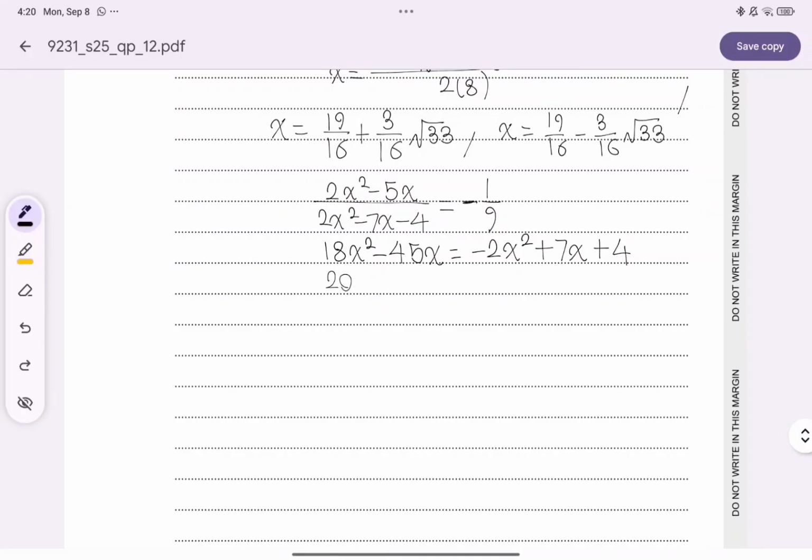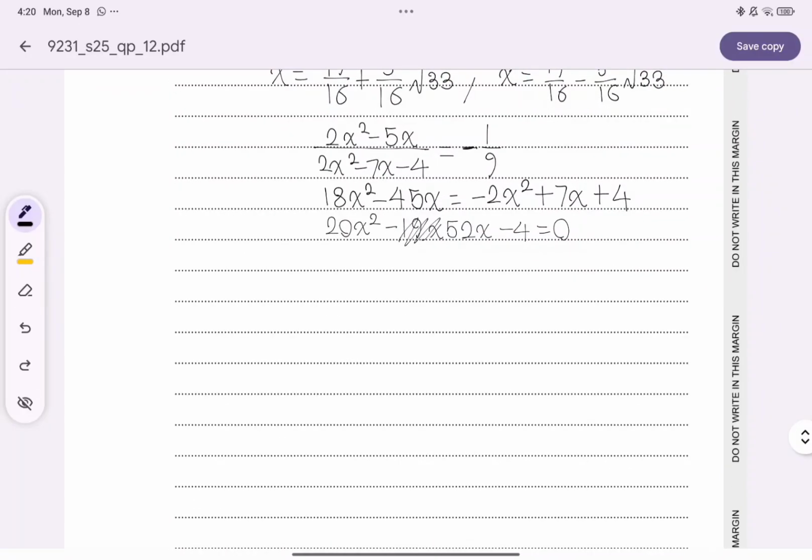Simplifying all that, we get 20x squared minus 45 minus 7, that's minus 52x, minus 4 equals 0.